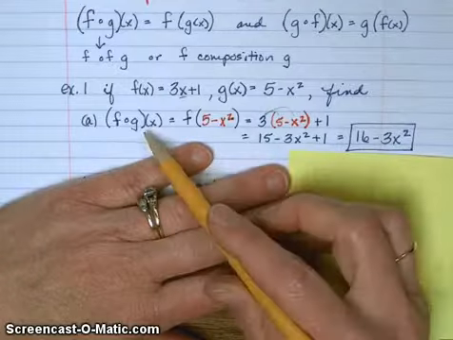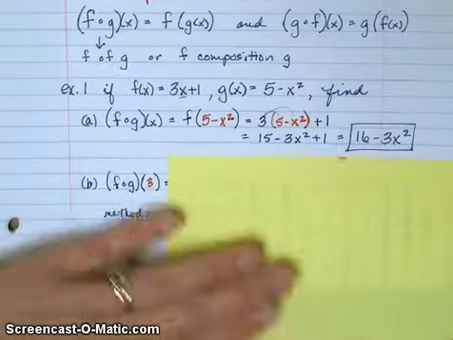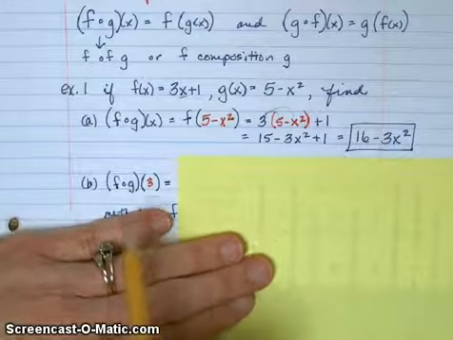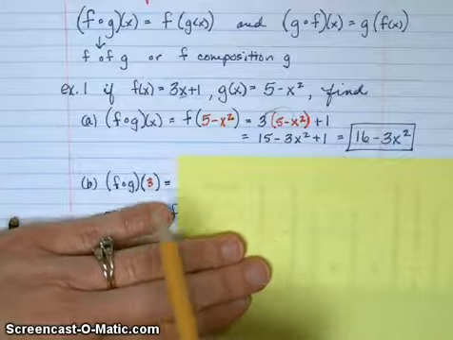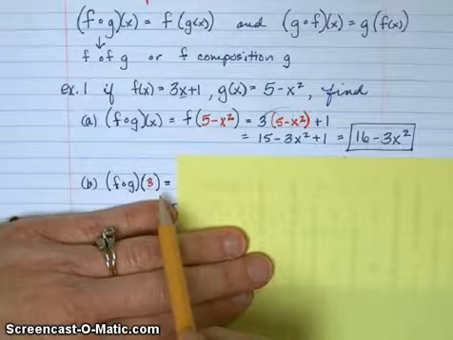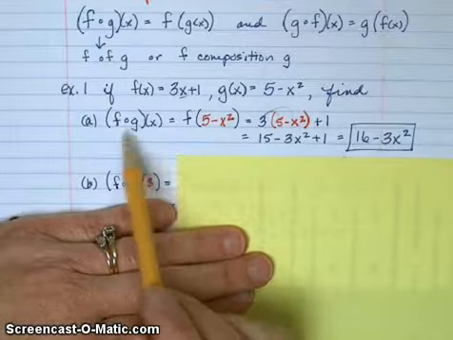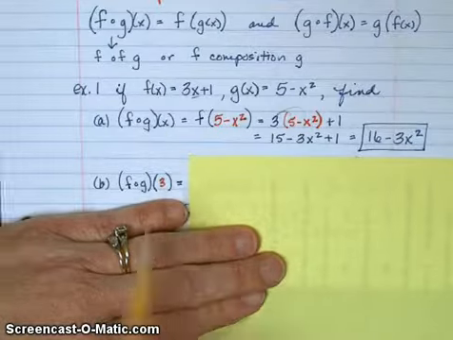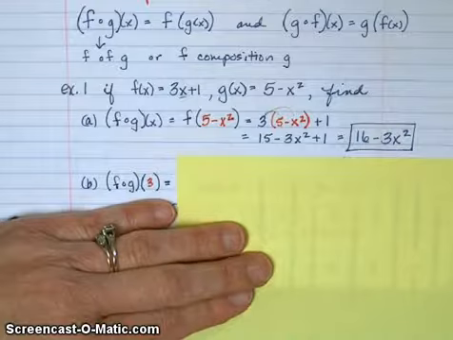Now another thing you might have to do will be to evaluate a composition at a particular value. So I want to evaluate f composition g at 3, for example. There are two ways to do this.